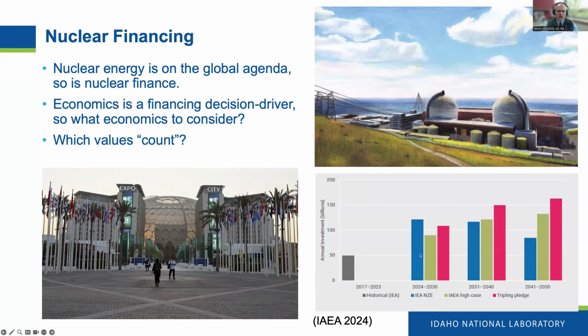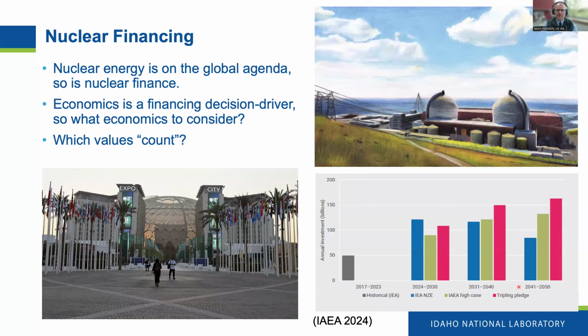What the gray bar on the left shows is what investment globally in nuclear capacity has looked like over the past 7 or 8 years or so. Then over the near term, medium term, and long term, what do the projections look like?